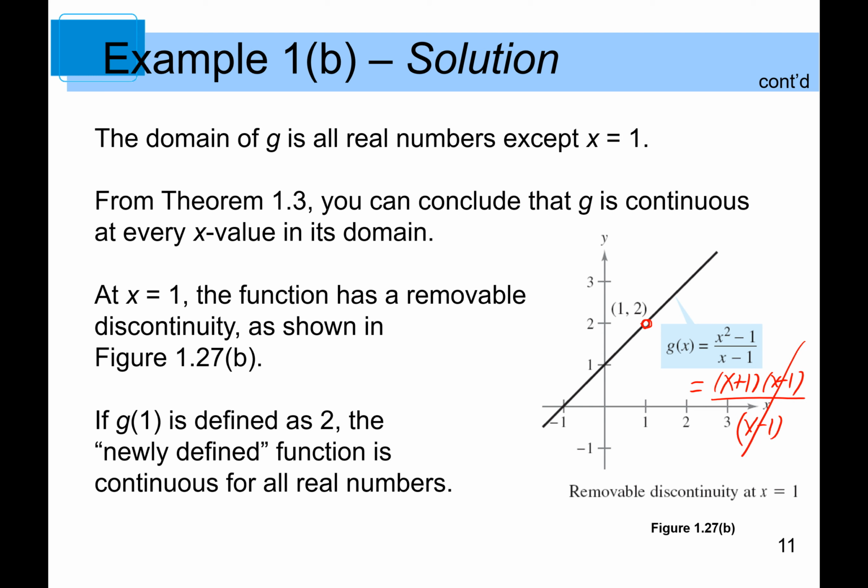In that case, we can cancel x minus 1. So we redefine the function as h of x equals x plus 1. Now this function definitely is continuous. So this is a typical removable discontinuity at x equals 1.